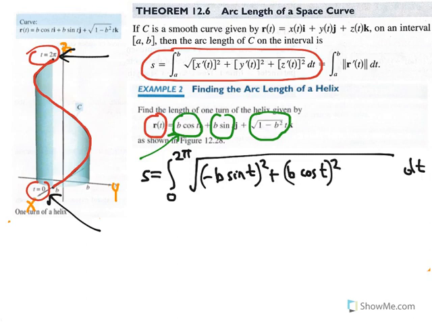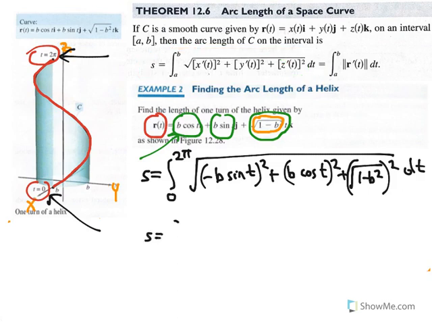And for the z component, remember, the square root of 1 minus b squared is just a constant. The variable is t, so the derivative of a constant times t is just that constant. So I'll have plus the square root of 1 minus b squared, and of course I have to square it as indicated by my integration formula for arc length.